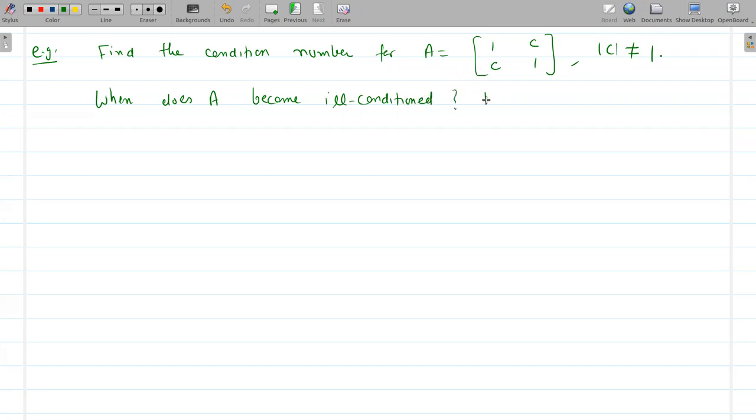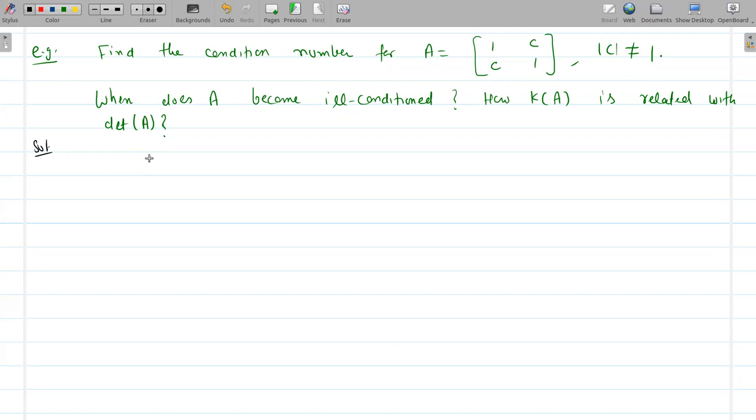And the next part is how the condition number is related to the determinant of A. Maybe you may be asked in the exam to make some interpretation or comment about this matrix.